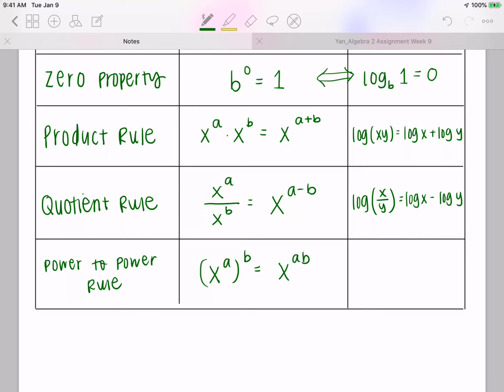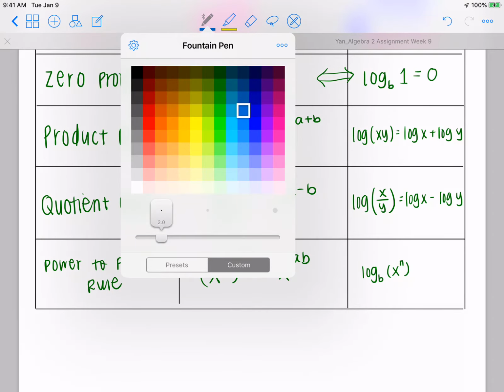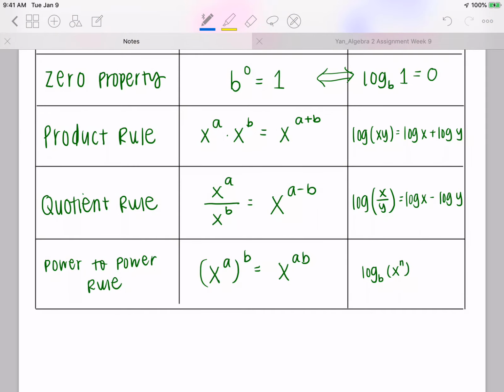Okay, and now if I have log base b of x to the nth power, anytime you have an exponent, we take that exponent and we drop it in the front, which is going to look like n times log base b of x. This is how it looks.